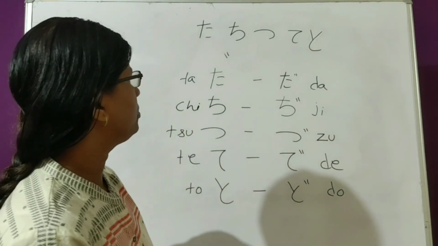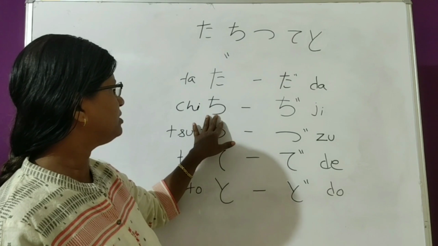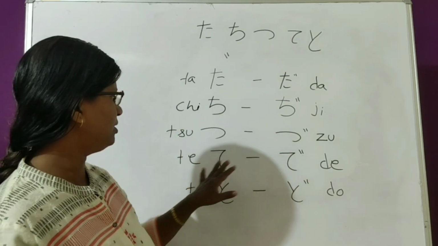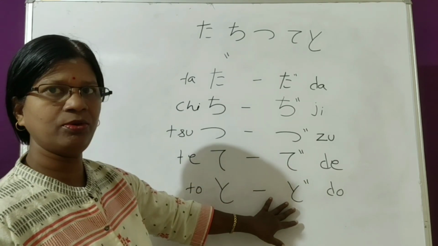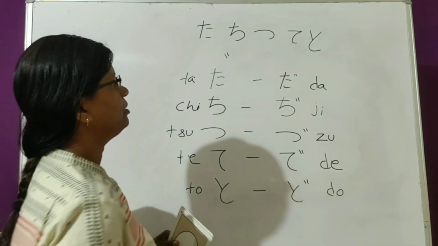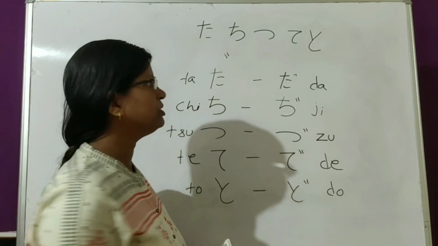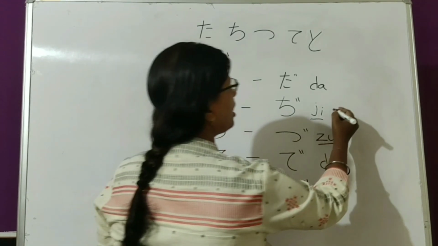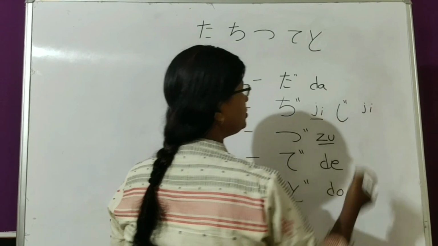Okay. So read with me. Ta, da, chi, ji, tsu, zu, te, de, to, do. My dear friends, while you learn the sa row, there also we have the same pronunciation ji and zu. When we have a voice mark after chi, the pronunciation is also ji.